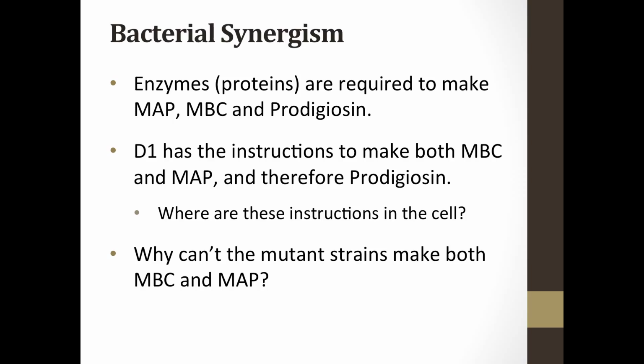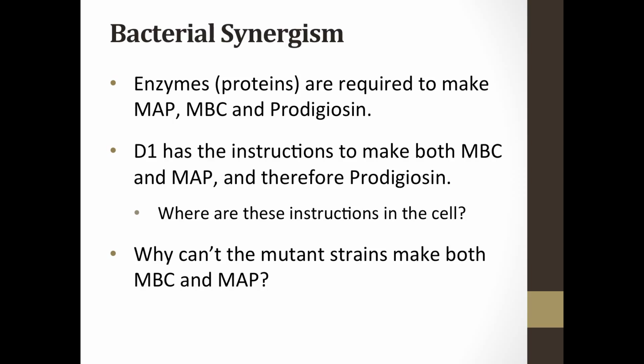In this example, for these organisms, enzymes are required to make the MAP, the MBC, and the prodigiosin. So enzymes are required to make both the metabolic intermediates and then also the pigment at the end. The D1, the wild type, has the instructions to make both of those intermediates, and so therefore it can make the prodigiosin.